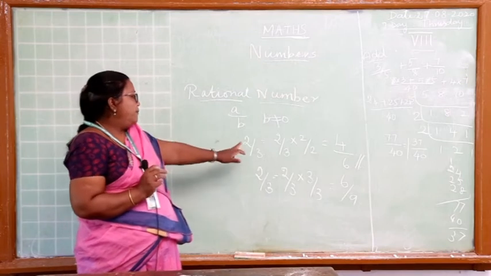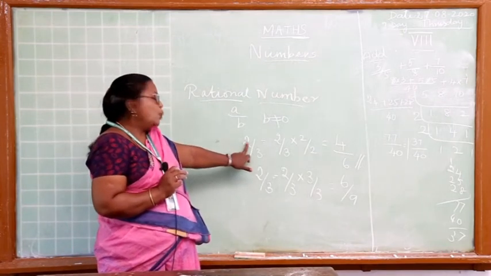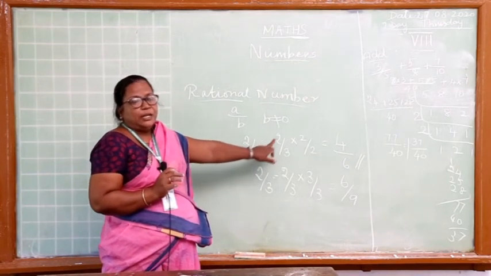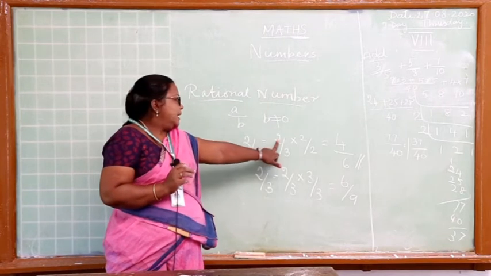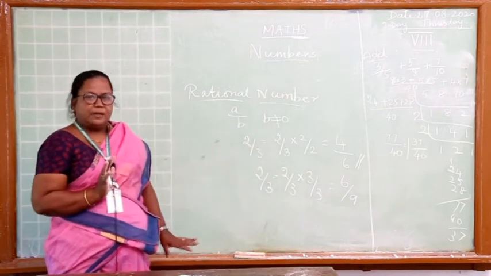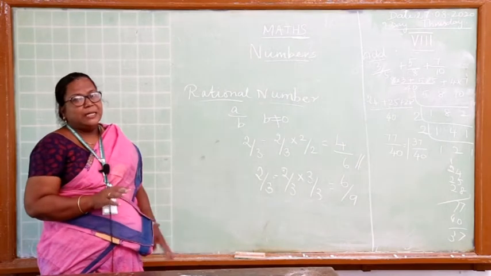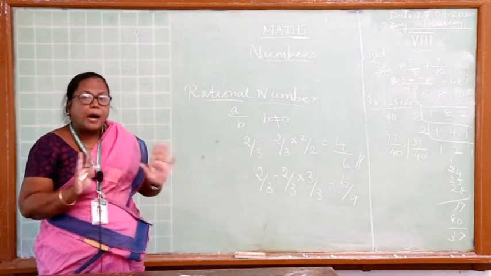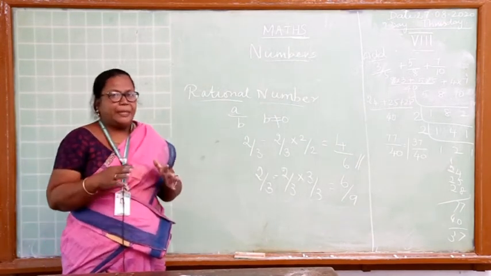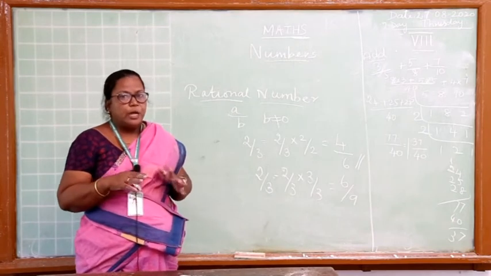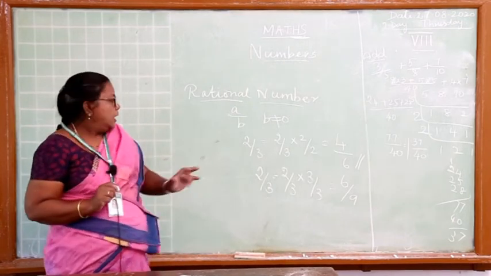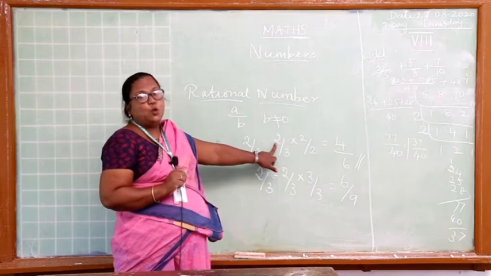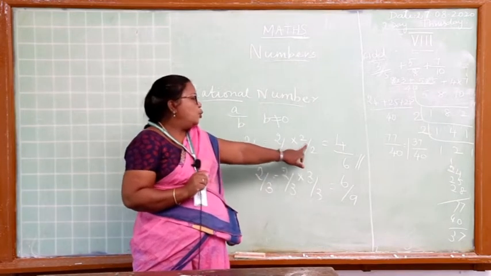That means we have to multiply the 2 by 3 fraction by 2 by 2, another fraction. That means the value won't change. The value won't change when you multiply and divide by the same number. Now you are multiplying this 2 by 3 fraction by 2 by 2.